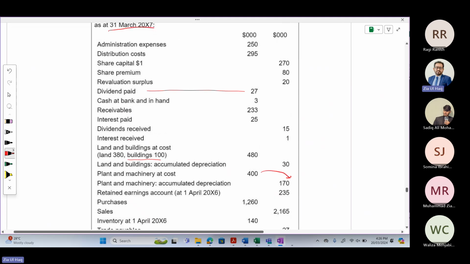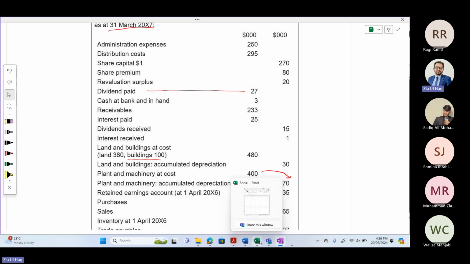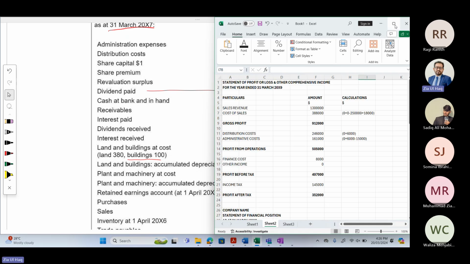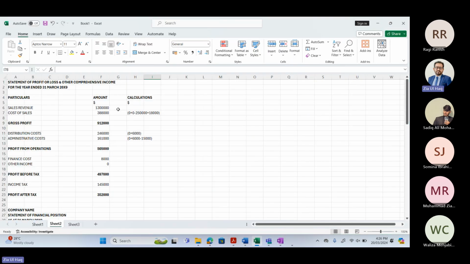So let's move towards preparing statement of profit and loss and other comprehensive income, statement of financial position, statement of changes in equity. If I use this format, like if we omit these figures, or these figures should be same.